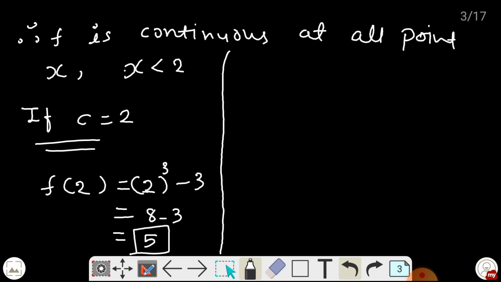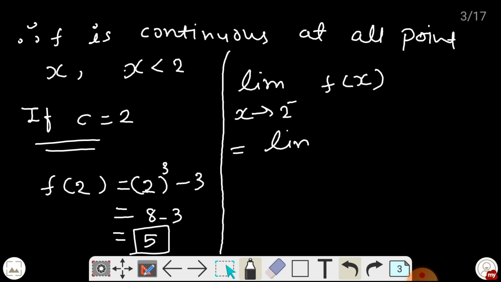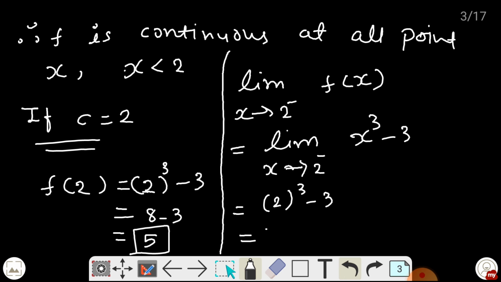So first of all, the left limit of the function will be limit x tends to 2 minus f of x equals limit x tends to 2 minus x cube minus 3, which is equal to 2 cube minus 3, which is equal to 8 minus 3 equals 5.